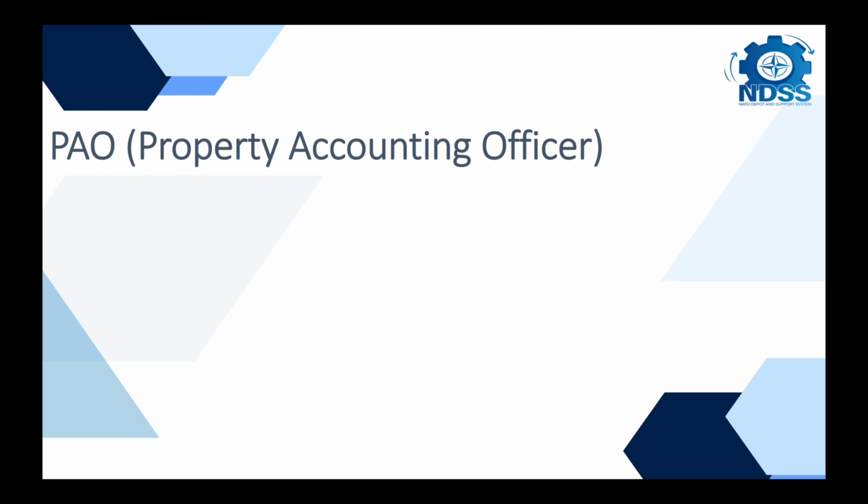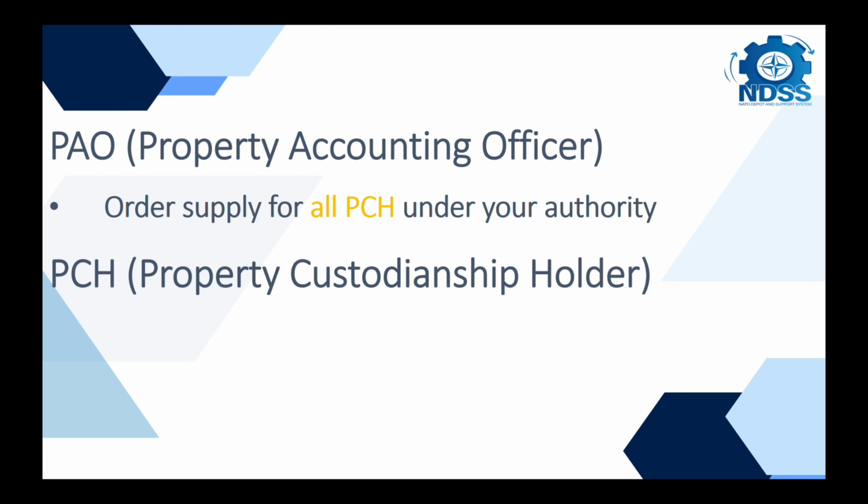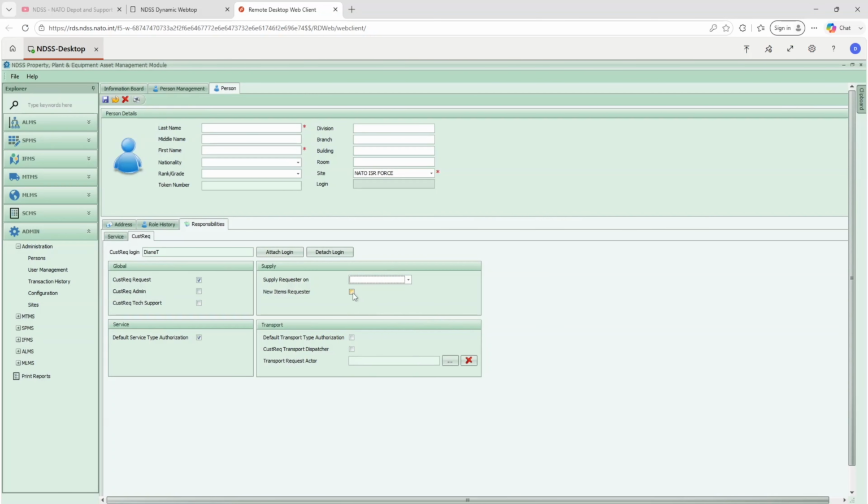As a PAO, you will be able to order supply for all the PCHs under your authority. As a PCH, you will be able to order supplies only for the corresponding PCH. The next box to be checked is the new items requester. When checked, the user is authorized to add non-catalog items to his or her supply requests.